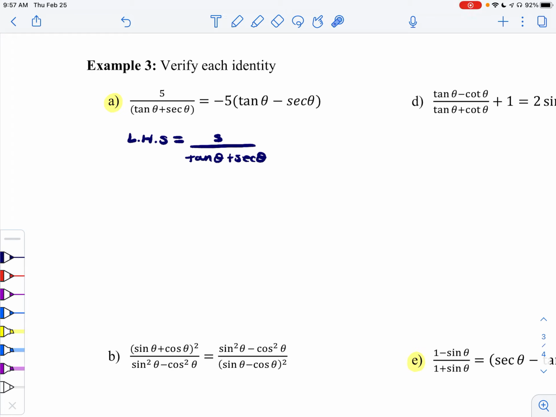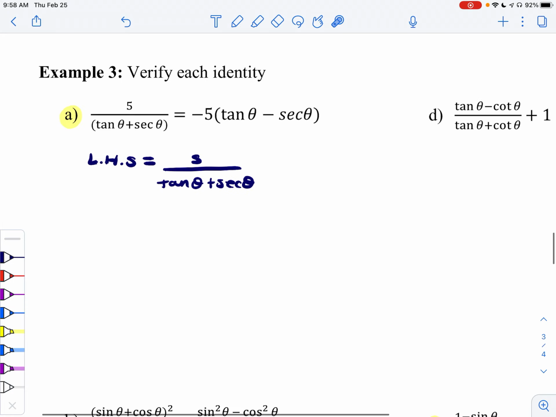So remember, whenever you have some sort of sum or difference in the denominator, typically it's going to be like a trig function plus 1 or a trig function minus 1, but it can occasionally be a sum or difference of 2 trig functions as well. It's sometimes helpful to multiply by a conjugate to try and simplify.